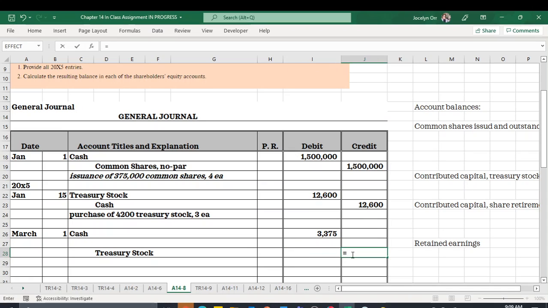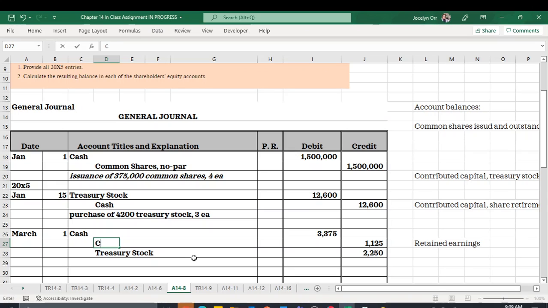Our treasury stock didn't have an existing balance, so our average is going to be the $3 per share from our January 15th transaction. 750 shares at $3 each gives us an amount of $2,250. Of course, we have a difference between our debits and our credits, which means we will need an additional credit to make our entry balance.